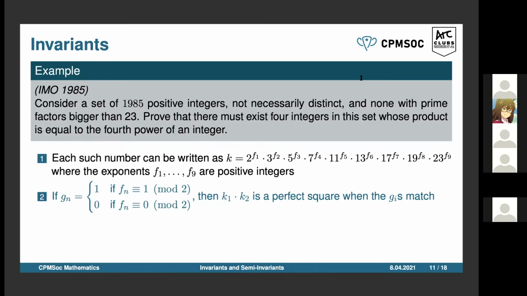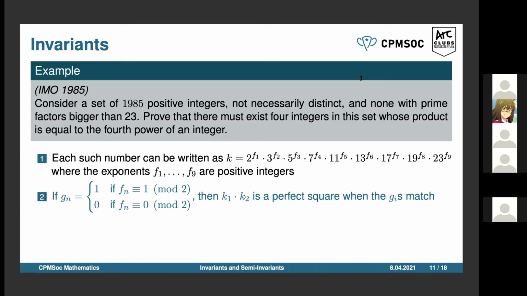So parity is useful because that can help us determine if, when you multiply numbers together, you get a perfect square or not. So g of n is going to be 1 if your f of n is 1 mod 2, and g of n is 0 if your f of n is 0 mod 2.